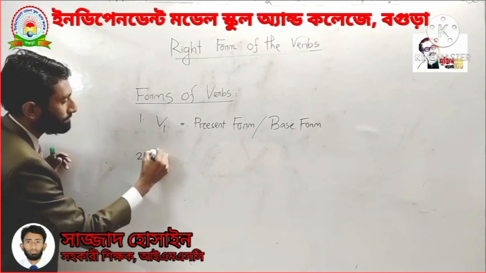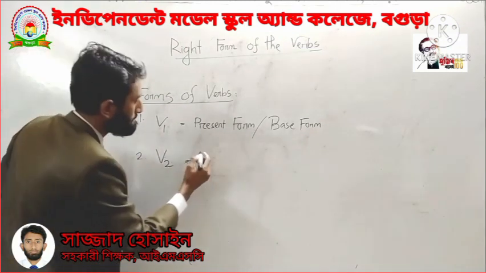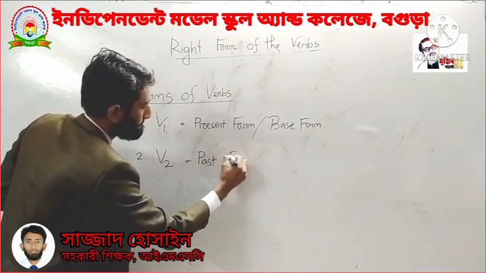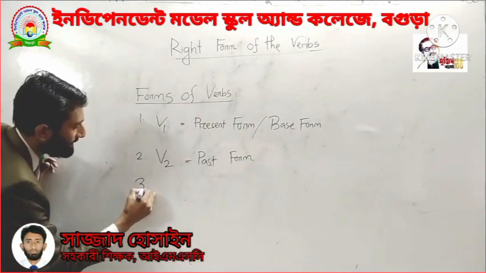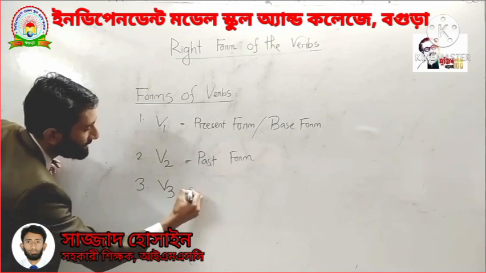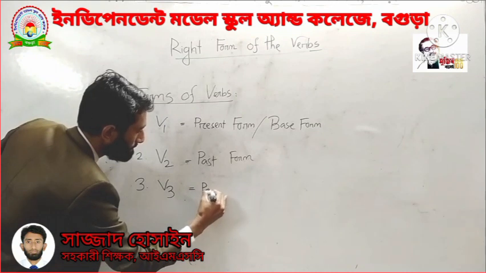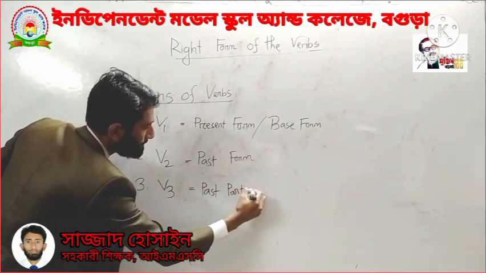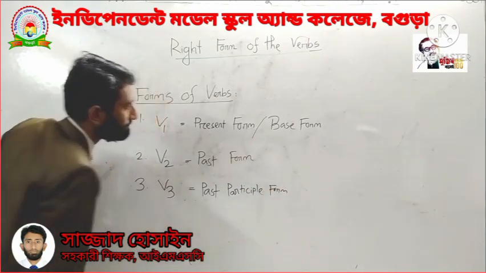Then V2 means past form, and thirdly V3, that means past participle form.